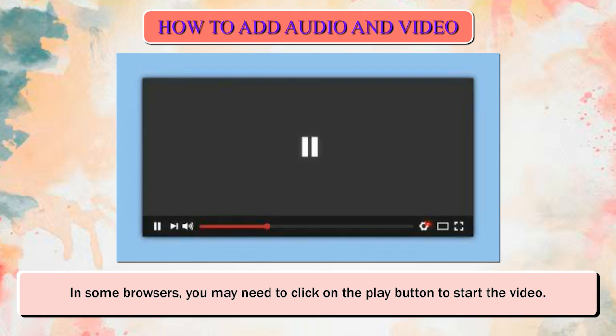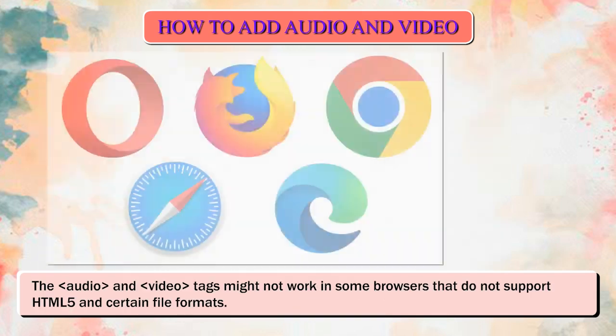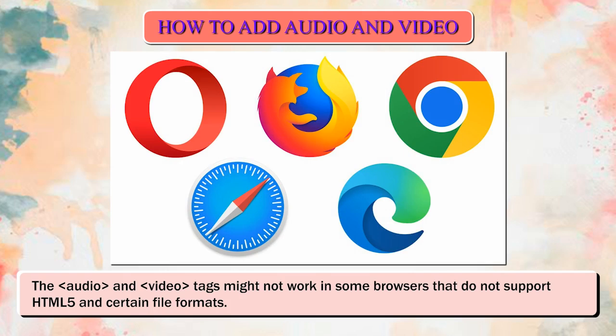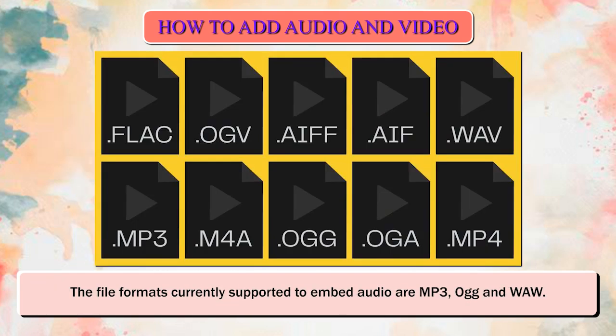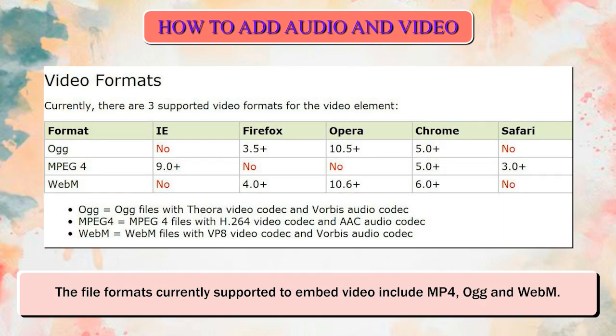In some browsers, you may need to click on the play button to start the video. The audio and video tags might not work in some browsers that do not support HTML5 and certain file formats. The file formats currently supported to embed audio are MP3, OGG and WAV. The file formats currently supported to embed video include MP4, OGG and WebM.